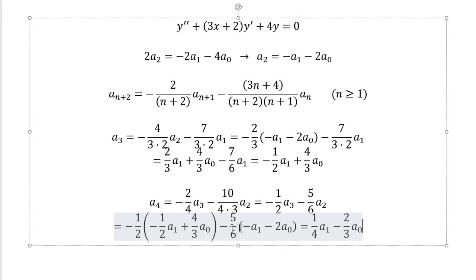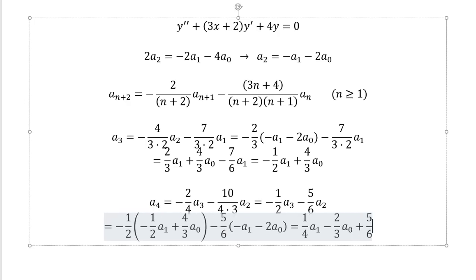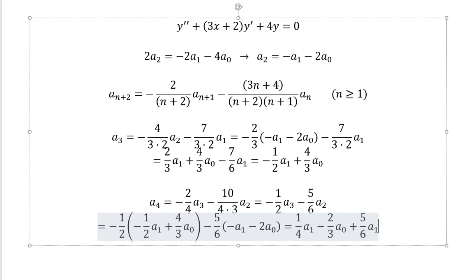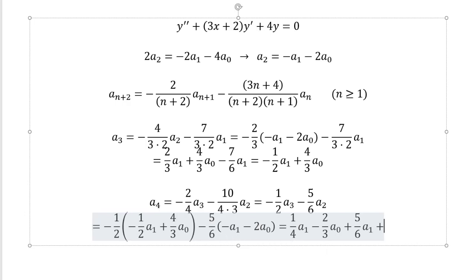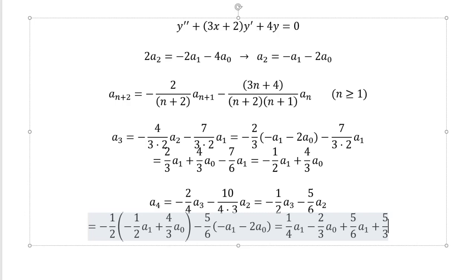Then minus times minus is positive, so it's plus 5 over 6 a1. And then negative 2 and 6 cancel, so it's 5 over 3, so it's plus 5 over 3 a0.